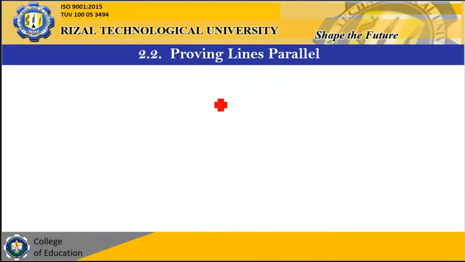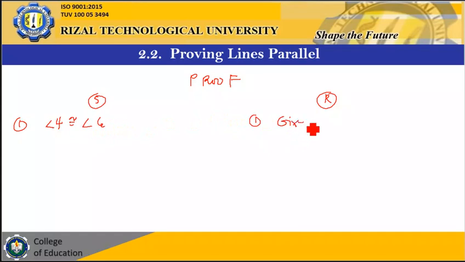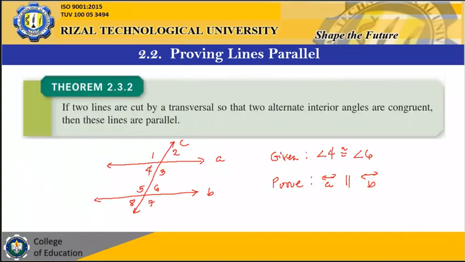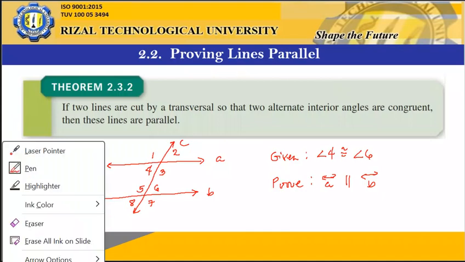Let us have again our proof, with statements and reasons. For number 1, again, angle 4 is congruent to angle 6, and the reason is given. For the second statement, let's take a look at our figure.